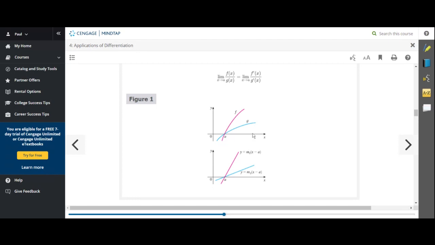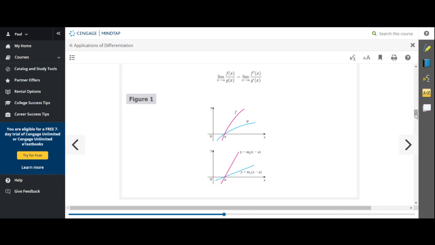So now we can approximate f and g with the two lines m1 times (x minus a) and m2 times (x minus a), m1 and m2 being the two different slopes of those tangent lines.